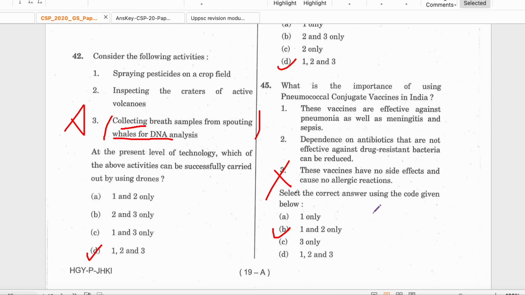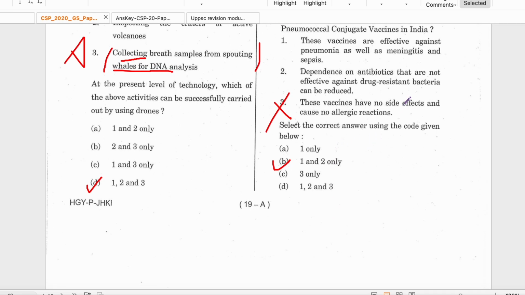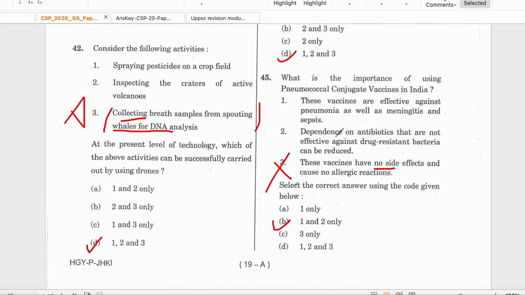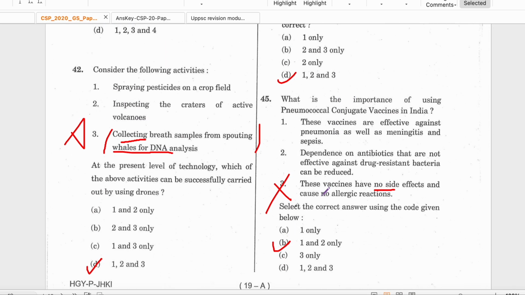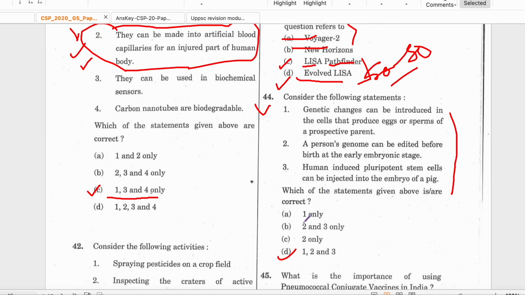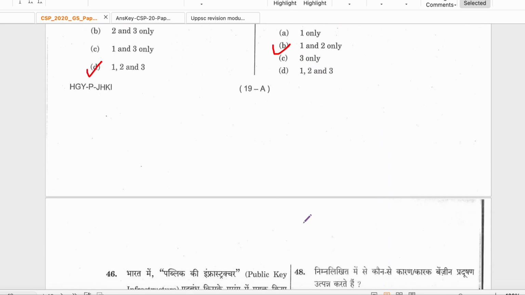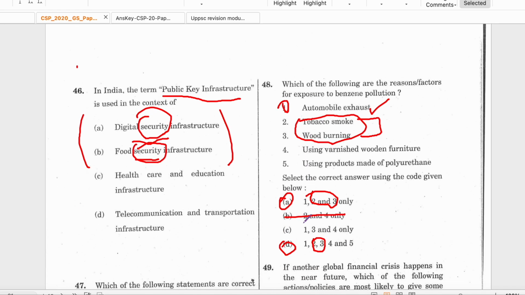So when this is happening, how can there be any side effect? Right? The disease can be fatal. It can have a 10% effect, which can be dealt with by the body. So if you had taken this no side effect option, this was the correct answer. Now, if you go for D in science, then this also became wrong.